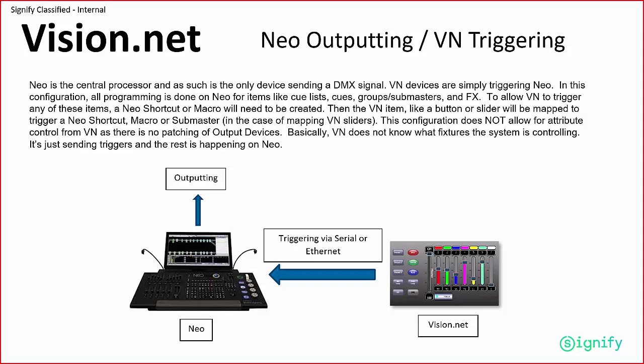I mentioned earlier that you need Visionet to DMX cards per each universe so that Visionet can see the data on the system for snapshotting purposes.